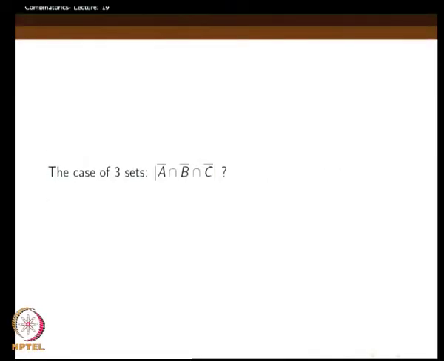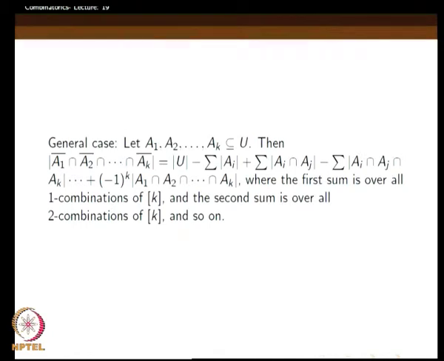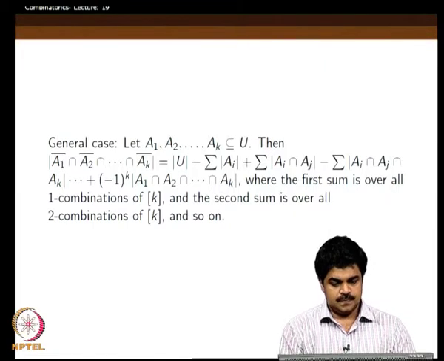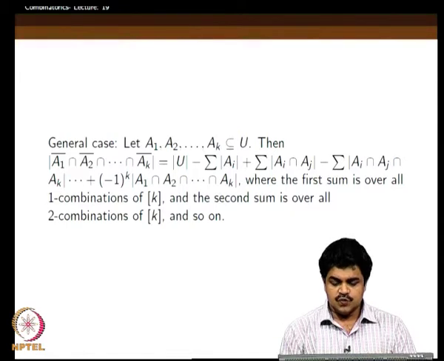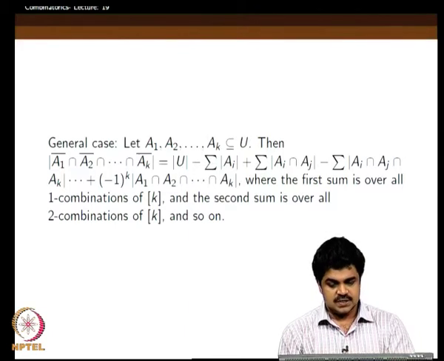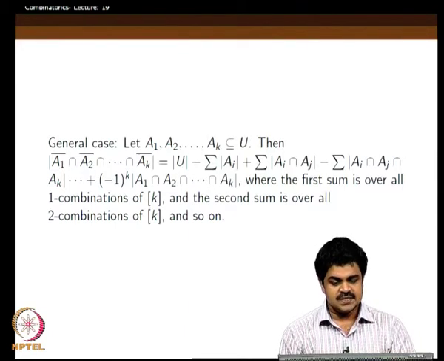In the last class we were considering this problem, namely we have a universe U and subsets A1, A2, up to AK, k subsets of the universe U are given.